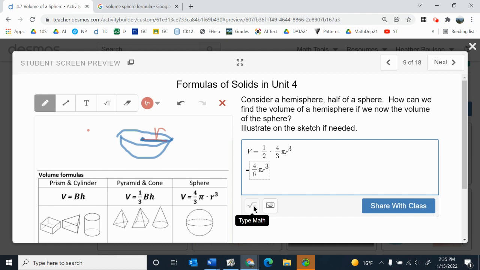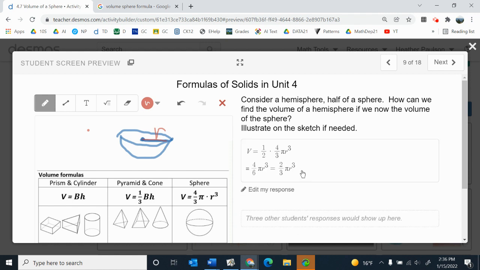Now, you do not need to go through this as you are working in Desmos, but I want to make sure you see how this is developed. But now 4/6 can be simplified even further. So 2/3 times pi times the radius cubed is the volume of a hemisphere. 2 out of 3, where the sphere is 4 out of 3.